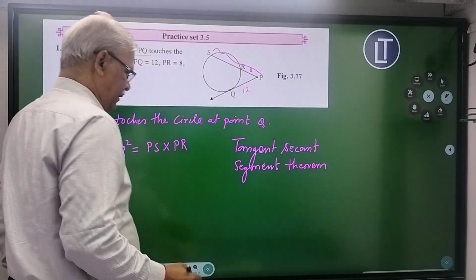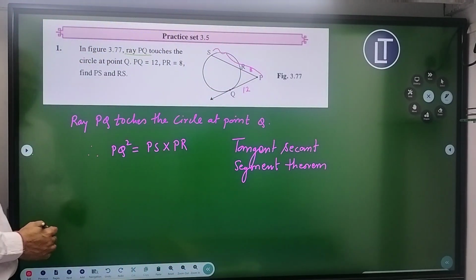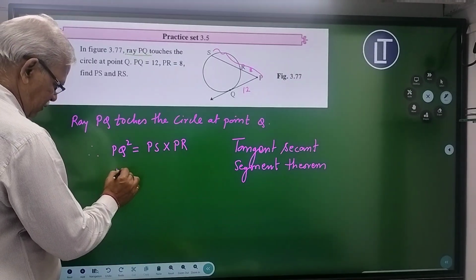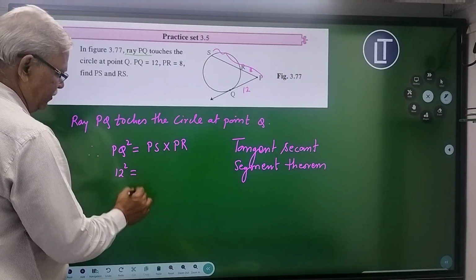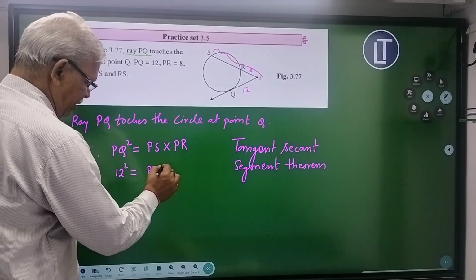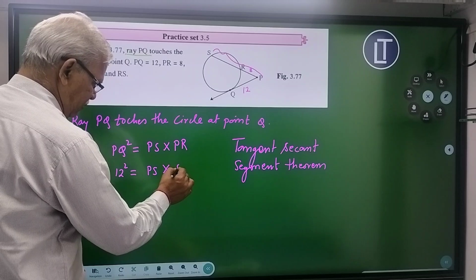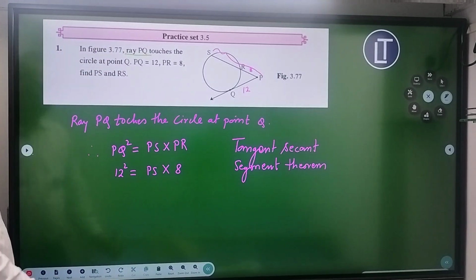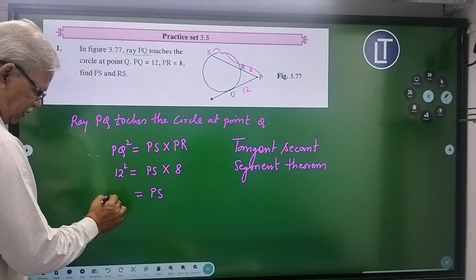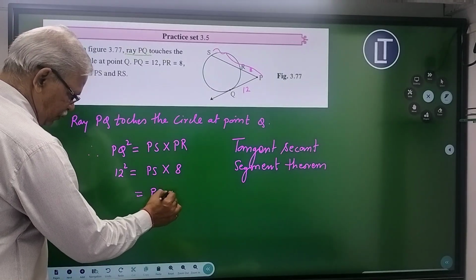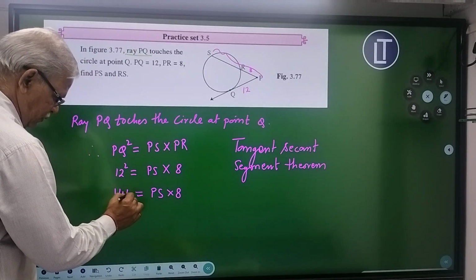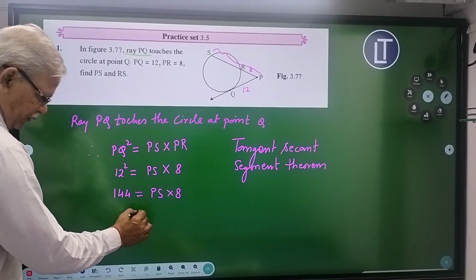From that we can write like this. Here its value is given, PQ is given, that is 12 square. PS we have to find out, and PR is given equal to 8. Therefore, here PS into 8 is equal to square of 12, that is 144.